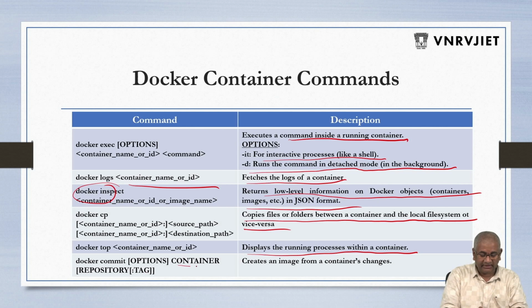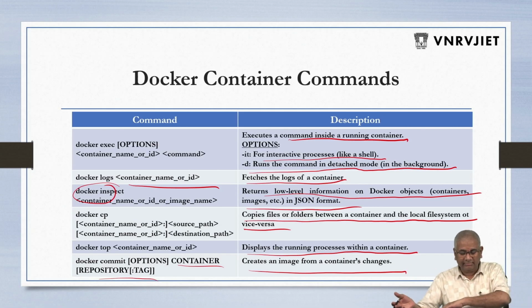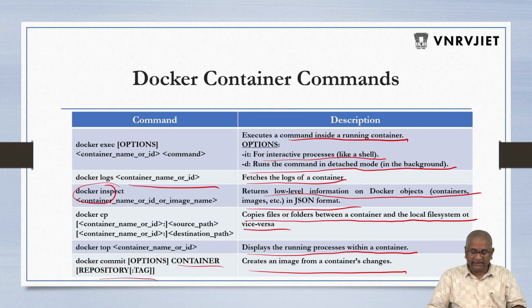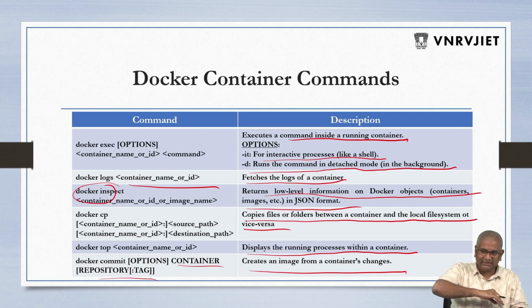Docker commit container repository tag creates an image from the container's changes. So basically, about docker commit, what it does is you have a container, you want to burn it as an image, then you use commit, right? From image to container, you docker run. Container to image, you want to create one, something like that. So yeah, this is the commit command you've got to use, right?